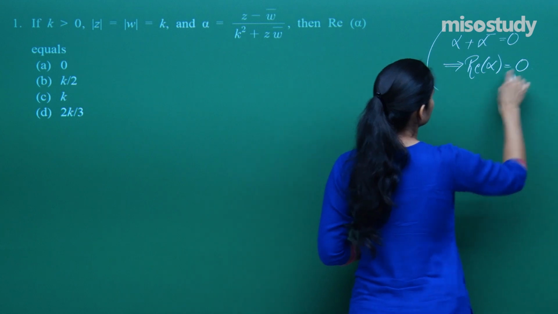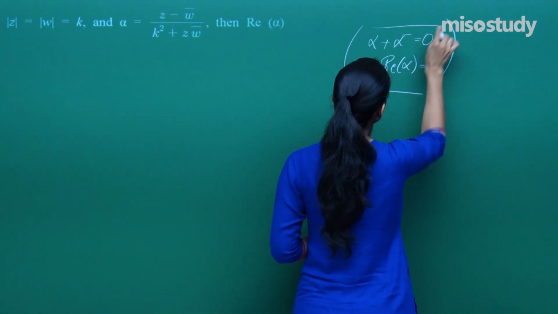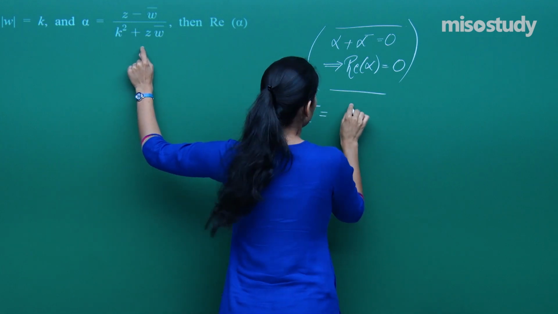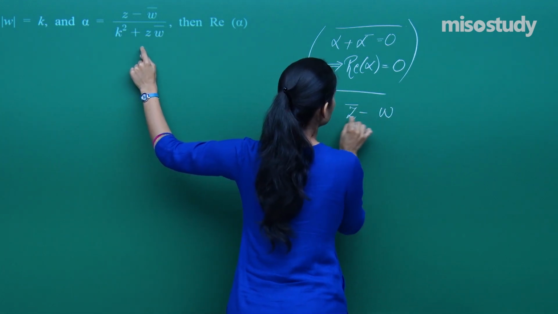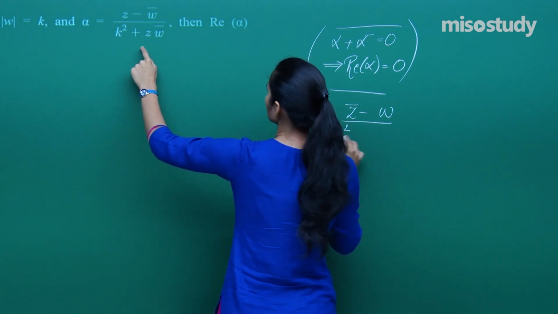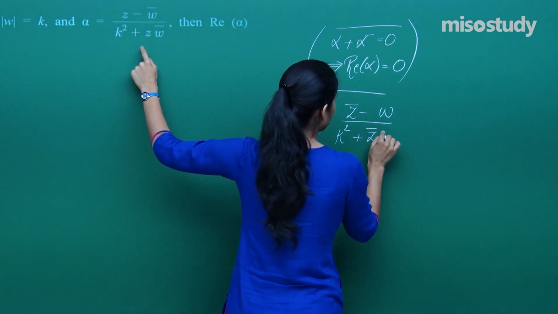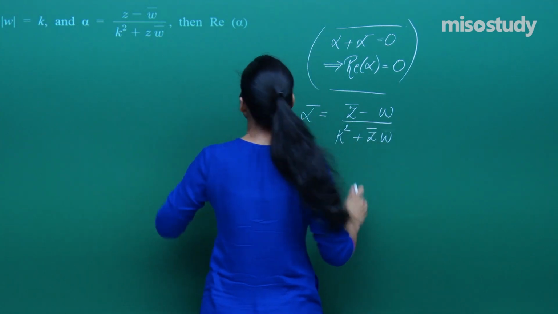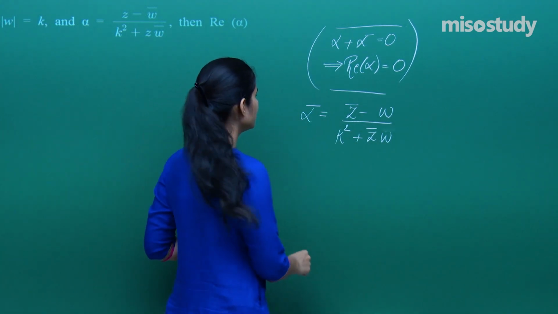right? Keeping this in mind, if alpha is this, alpha bar is Z bar minus W bar bar, which is W, upon K square bar, which is K square, plus Z bar W bar bar, which is again W, right?